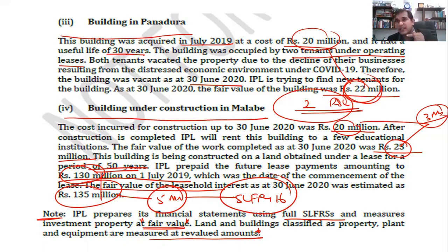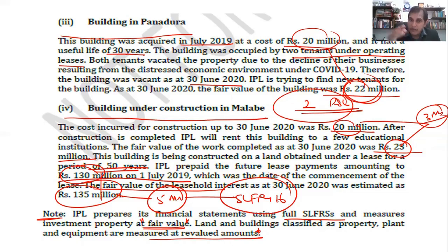As per SLFRS 16, you know this building is an investment property, no doubt at all. Now we are considering how this particular land is recognized. The land has no other use. This building is constructed, then one day that building could be rented out.